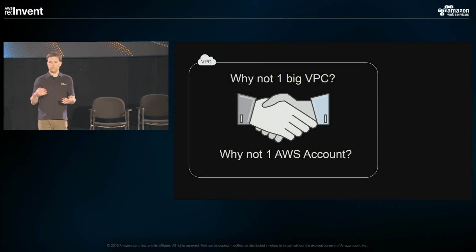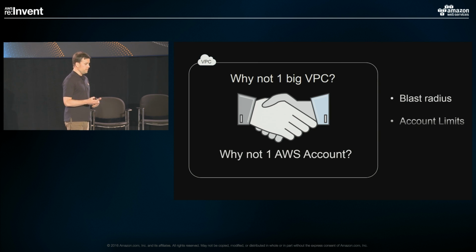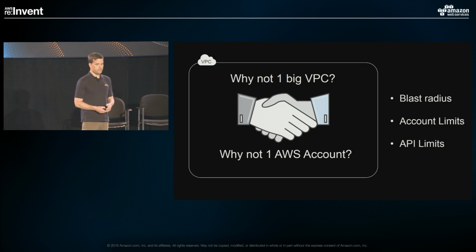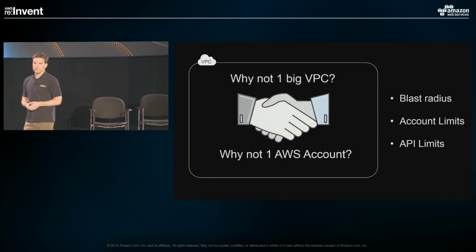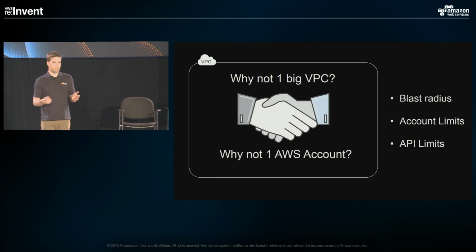As soon as you have more than one account, you have more than one VPC. So there are a few things that go with both having multiple accounts and multiple VPCs. And the first one is blast radius. So if you have one VPC and you have thousands of developers, somebody's going to step on each other's toes.